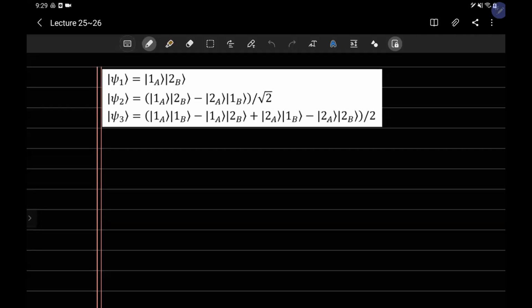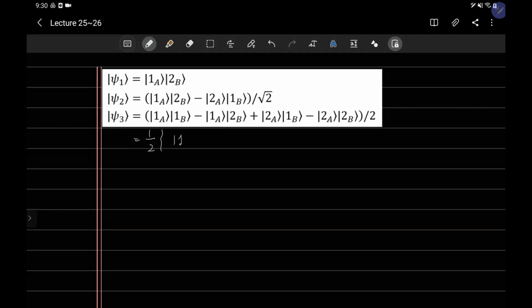Here, what we can consider is that this state actually can be factored using the... except that... sorry, not square root of 2, just the 2.